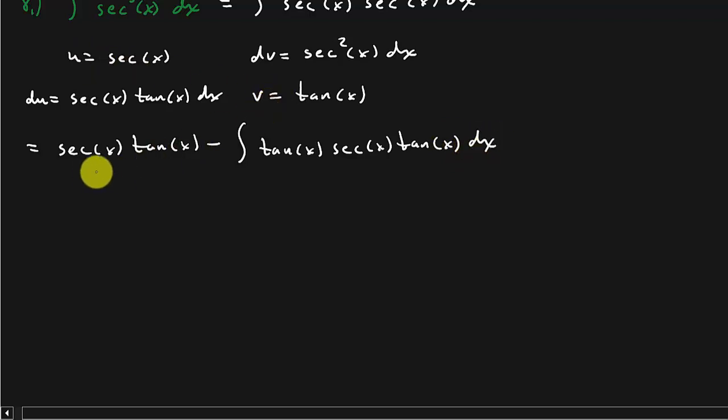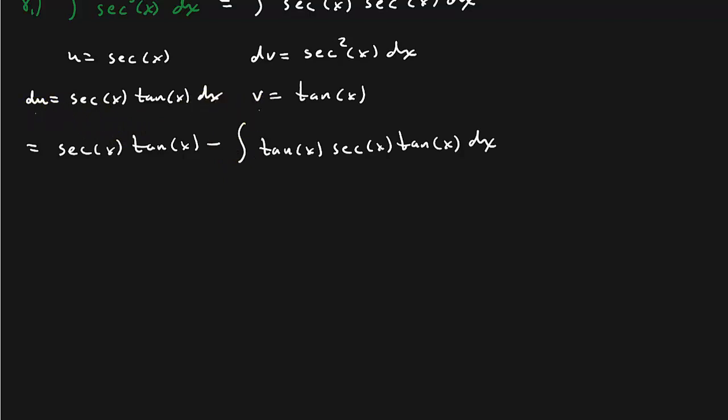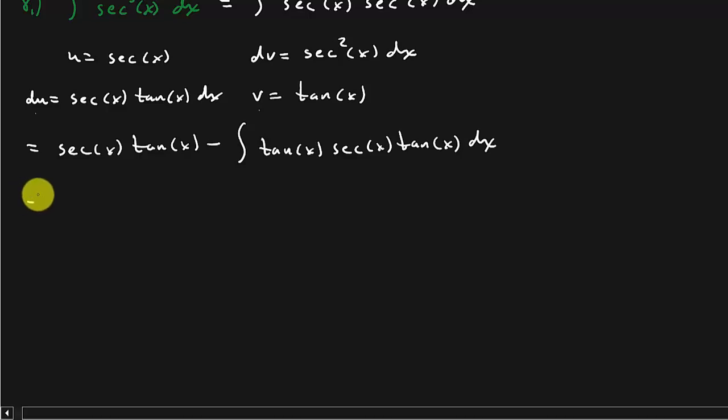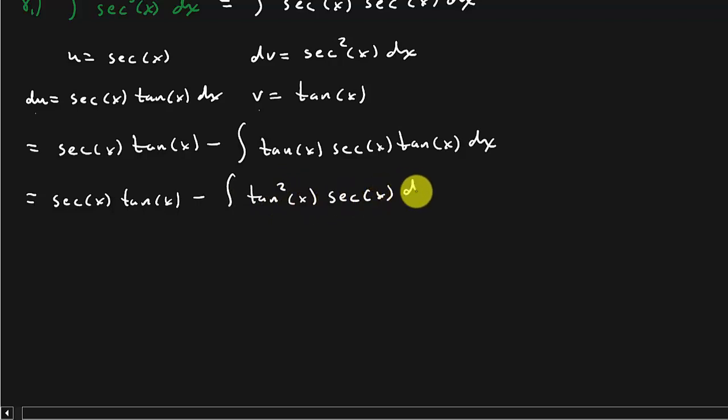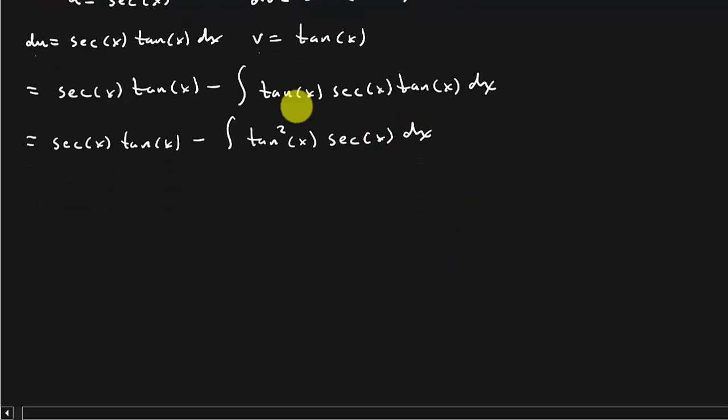So it's u times v minus the integral of du times v. All right, so we're going to get what? Secant x tangent x minus the integral of tangent squared x secant x dx. I just multiplied the two tangents together.